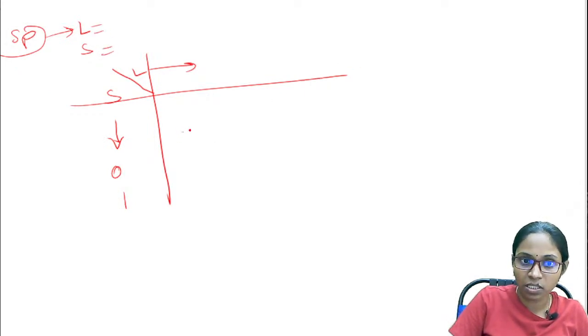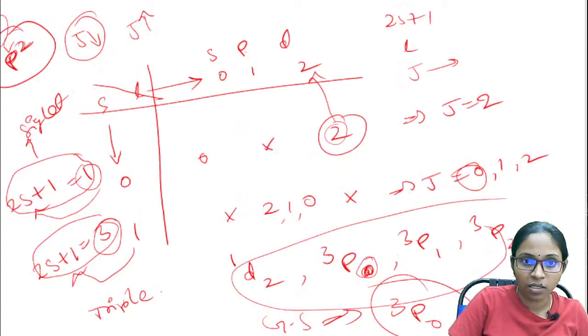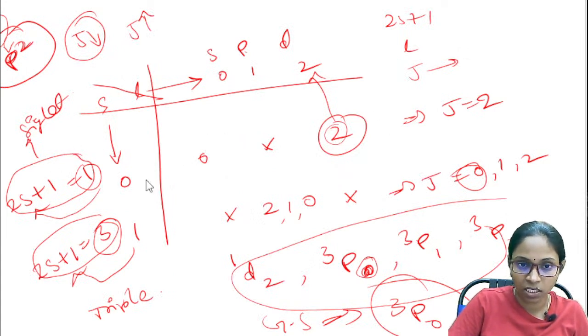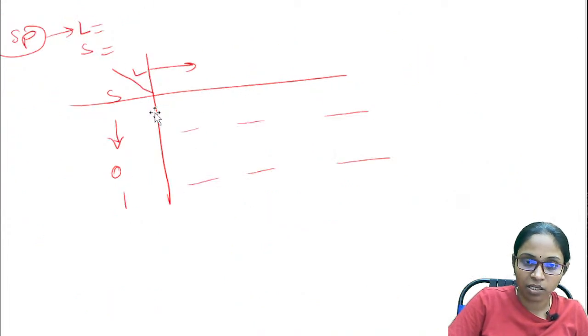Here you have to consider all the J values. For the equivalent case you have to consider only odd terms for singlet and even terms for triplet, but coming to the non-equivalent case, you have to consider all the terms.